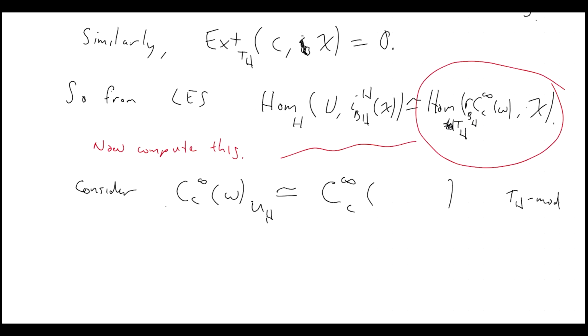This can also be realized as a space of functions on W0. What is this? These will be the rank 1 trace 0 elements in J. And this isomorphism will be as TH cross G modules.